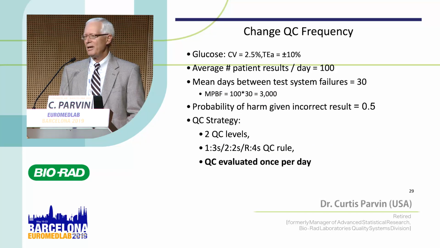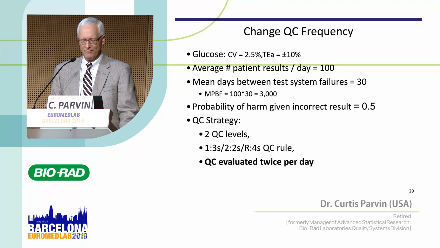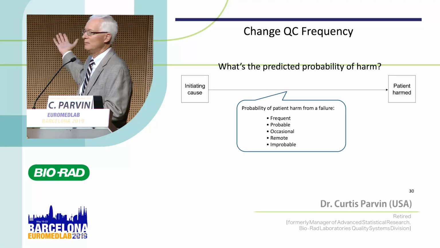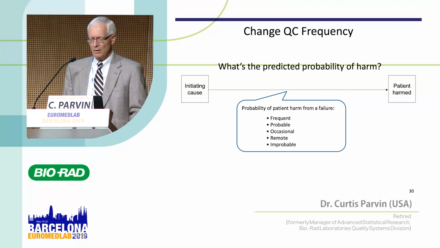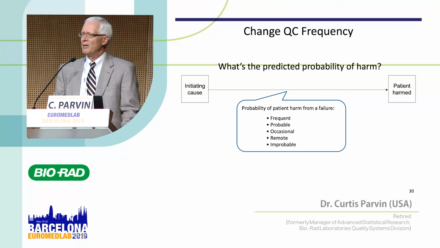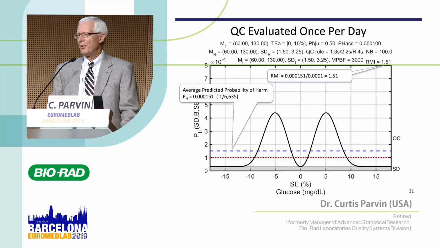Well, we were evaluating QCs once a day. What if we evaluated QCs twice a day, every 12 hours? What impact would that have? Does it change? How do we know? If we compute the predicted probability of harm using the more robust model, this is what we had for once per day.